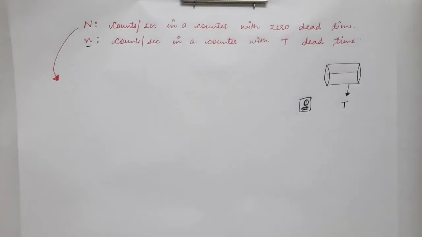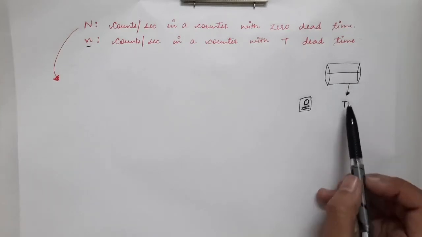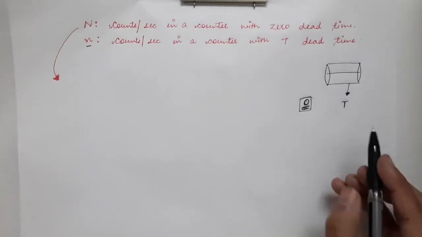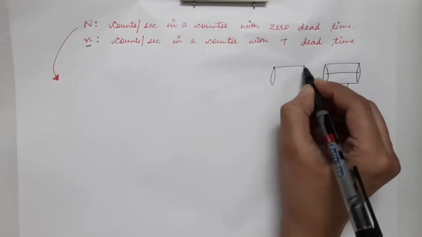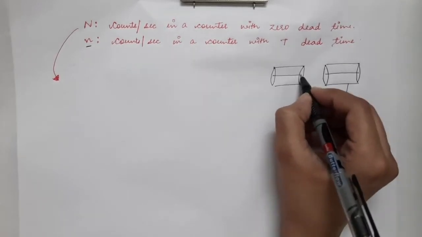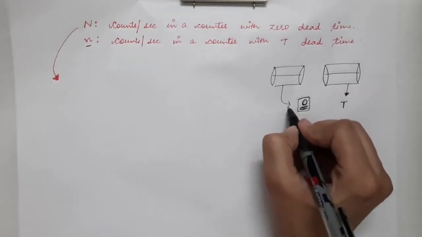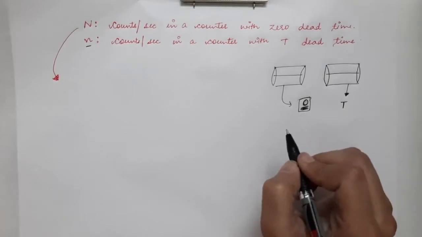Now we are going to look at how we find the efficiency of a GM counter. Let's suppose you have a GM tube and its dead time is equal to capital T. And let's suppose you have another GM tube of the same kind, but this GM tube has 0 dead time.